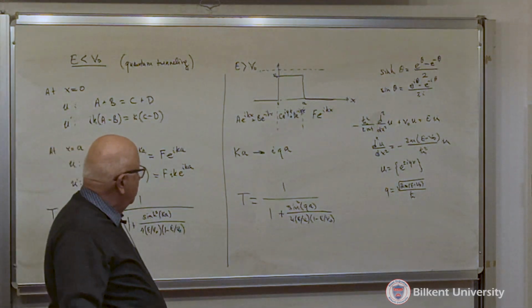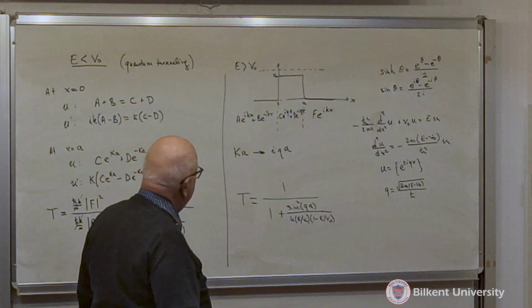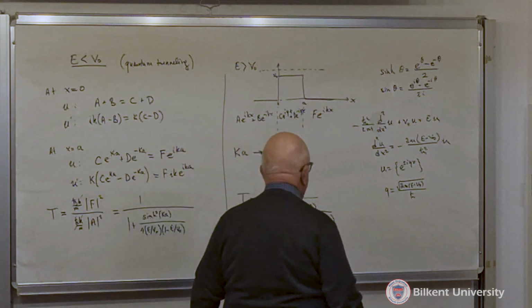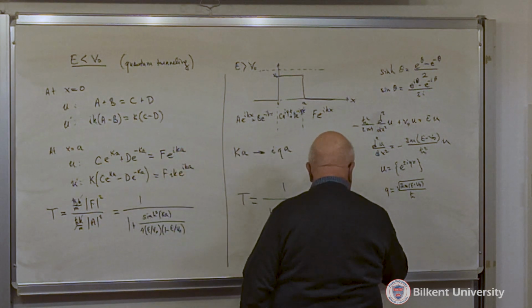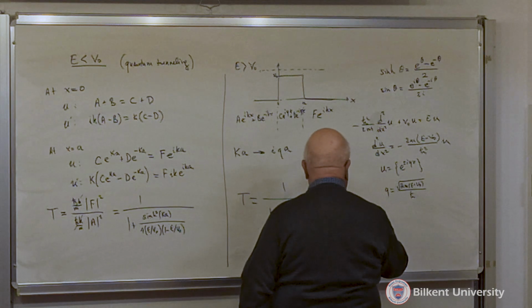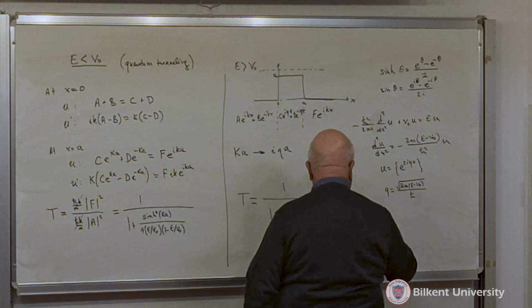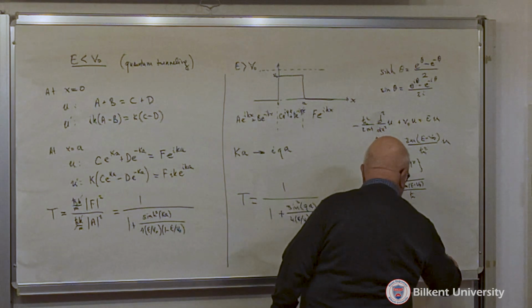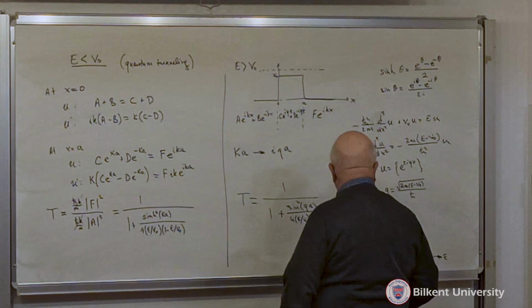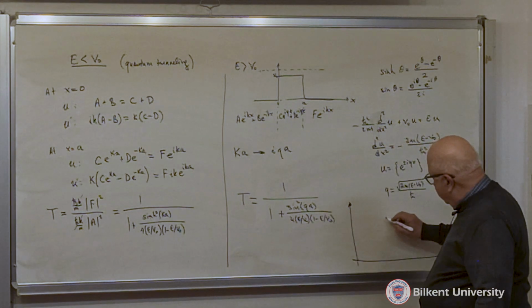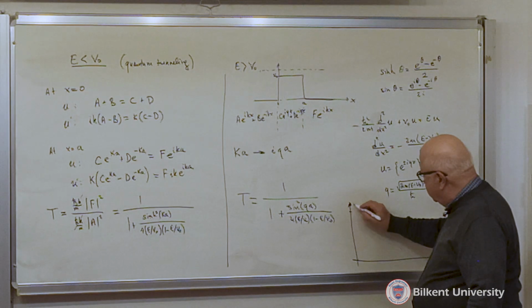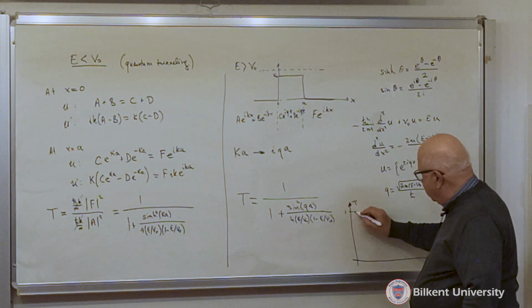Okay, so in any case, let's look at what the tunneling rate, the transmission rate, is as a function of the energy. For values of energy, this T can be at most 1, remember.